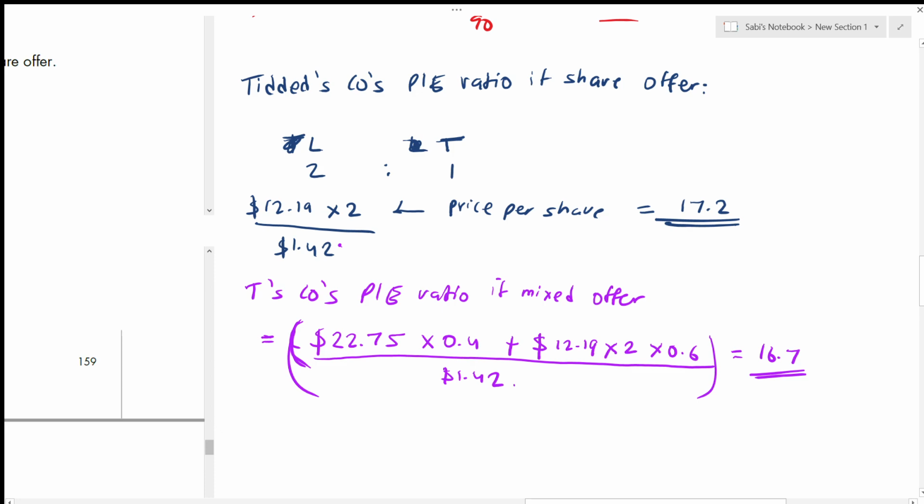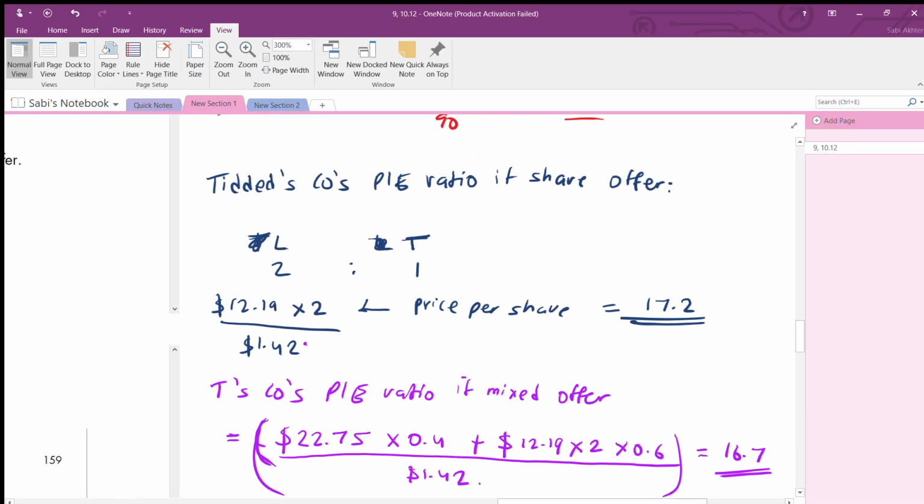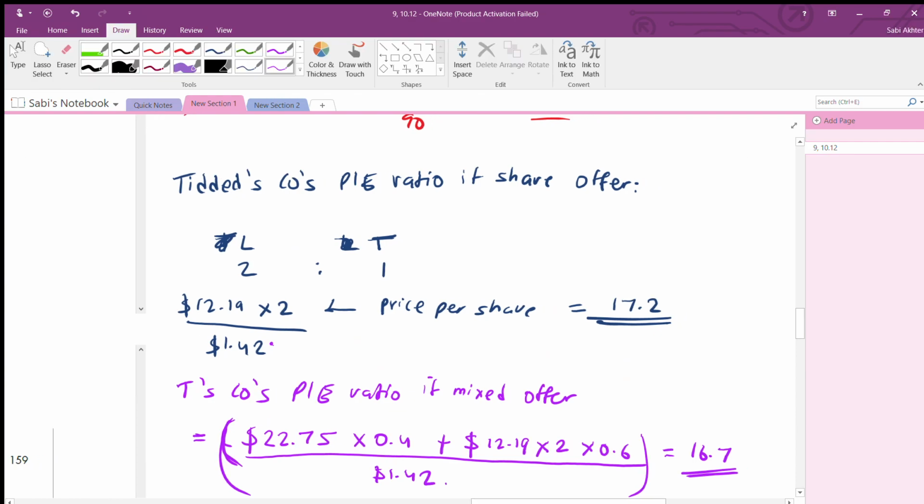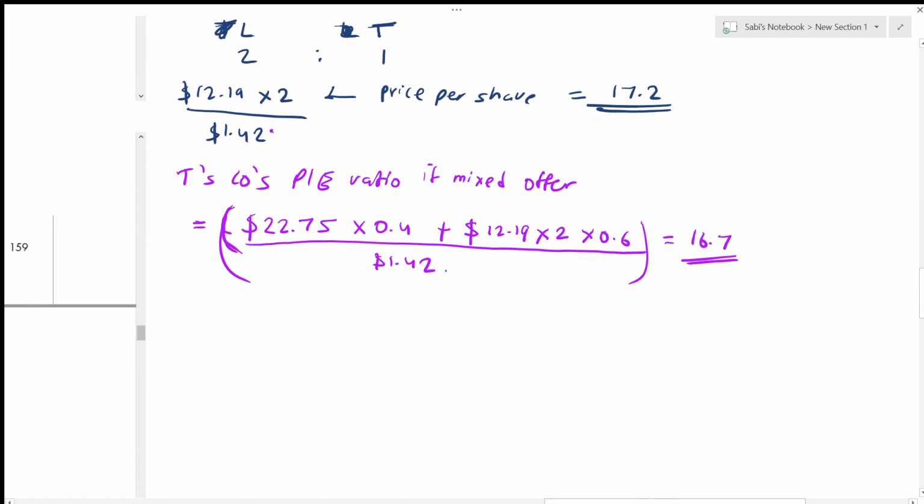Now for the cash offer, it's very easy. I'm taking a different color. I will take green. Right? T company's PE ratio if cash offer.